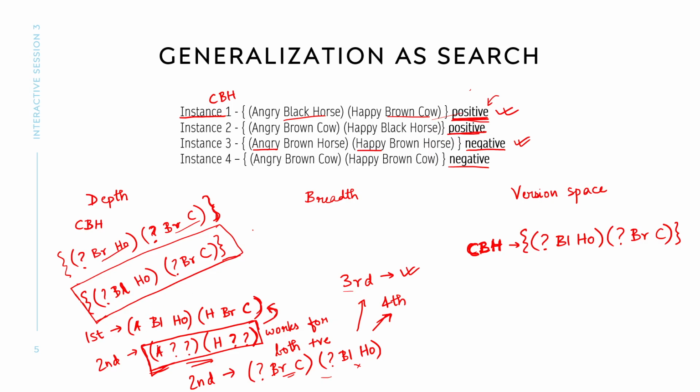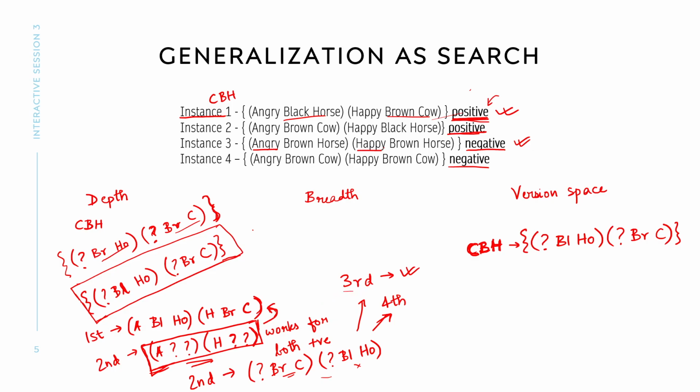The first suggestion is to make it angry and two wildcards, happy and two wildcards. This matches, but this new CBH will also work for the third case, right? So my third instance also gets classified as positive, angry wildcards and happy and two wildcards. So we see that this negative example is not being accounted for.